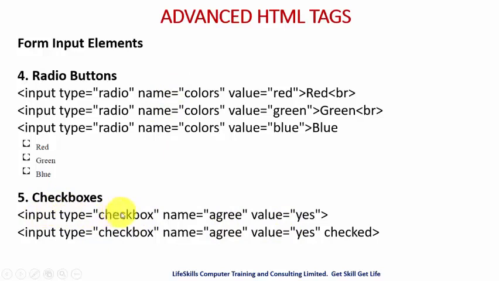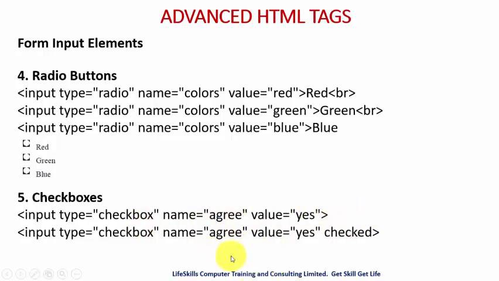You also use the input element, but the attribute type will be checkbox. The name is what you're going to use to reference the checkbox when you are using the data, and the value is the data that the form will send when the form is submitted. So the example here says name is agreed and the value is yes.